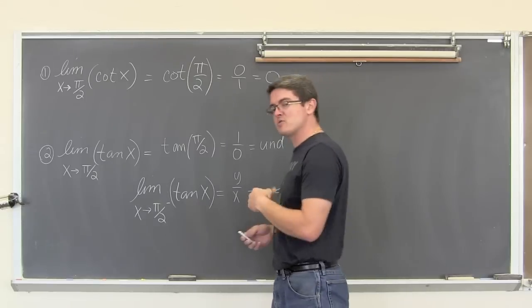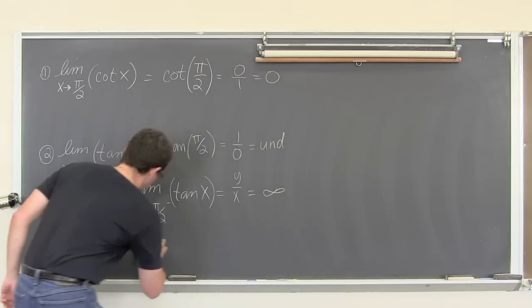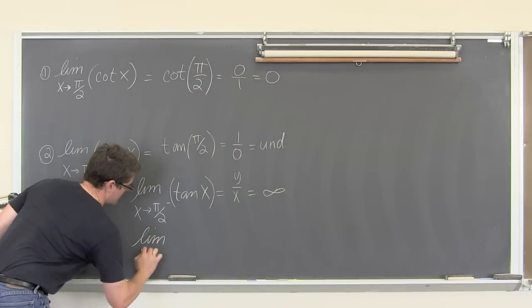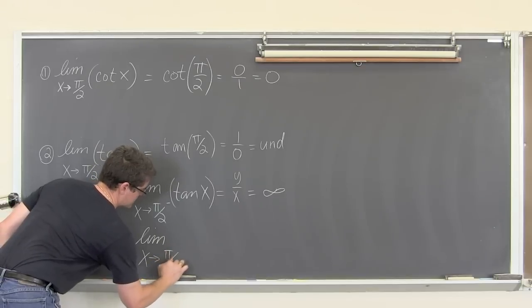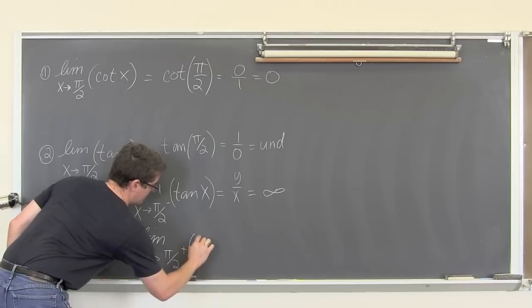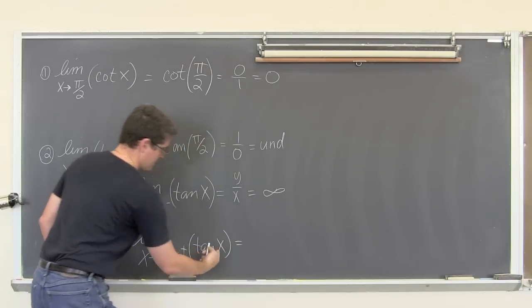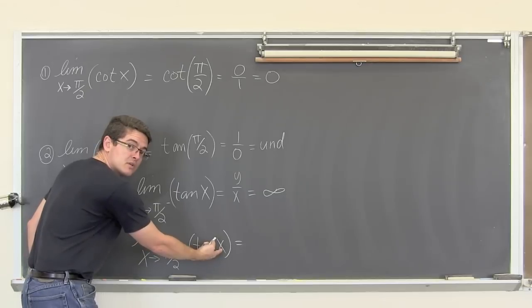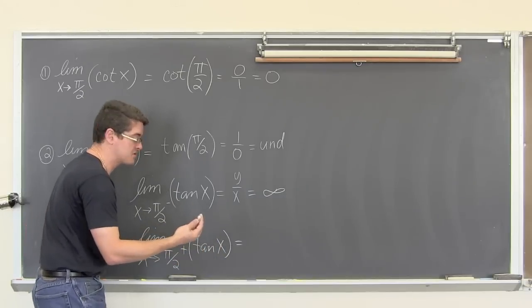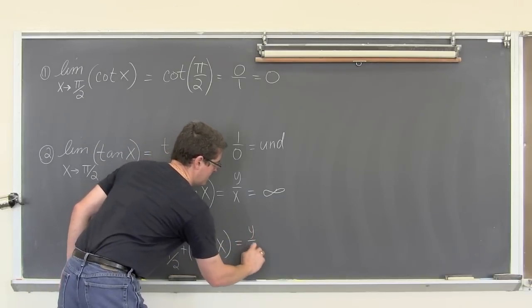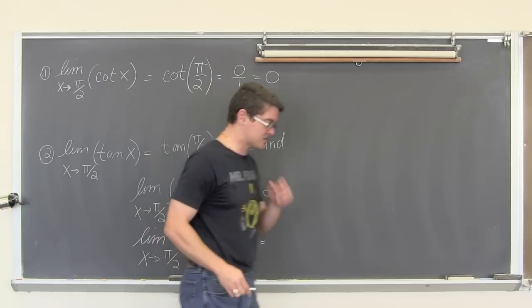Whereas, if I approach pi over 2 from the right, the limit as x approaches pi over 2 from the right of the tangent of x, and again, you put an angle measure into a trig function and you get out the sides of a triangle, basically, the ratios. And again, we're looking for y over x.